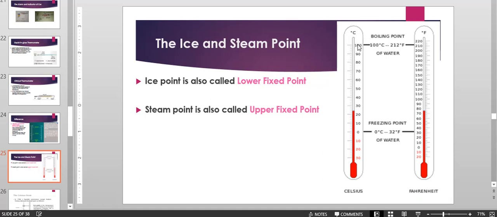And at 100 degrees Celsius or 212 degrees Fahrenheit, the water starts to boil, or you can say the water starts to convert into vapors or steam. So this is considered the steam point, and this 0 degrees Celsius or 32 degrees Fahrenheit is considered the freezing point, or the ice point, or lower fixed point of the thermometer.